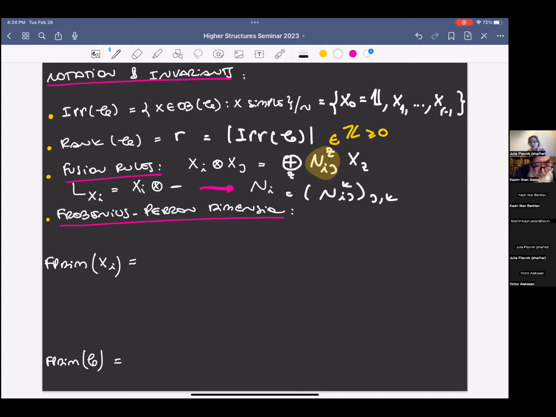This matrix is very important, and it's very nice because it only has non-negative integers. So using the Frobenius-Perron theorem, we know that this matrix has a maximal non-negative eigenvalue, and that is what we call the Frobenius-Perron dimension of Xi.